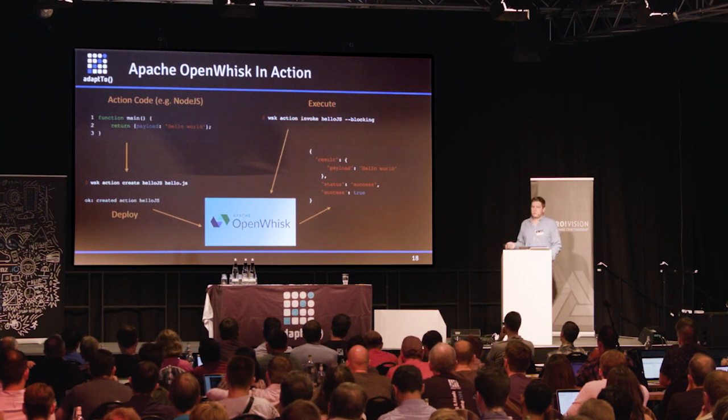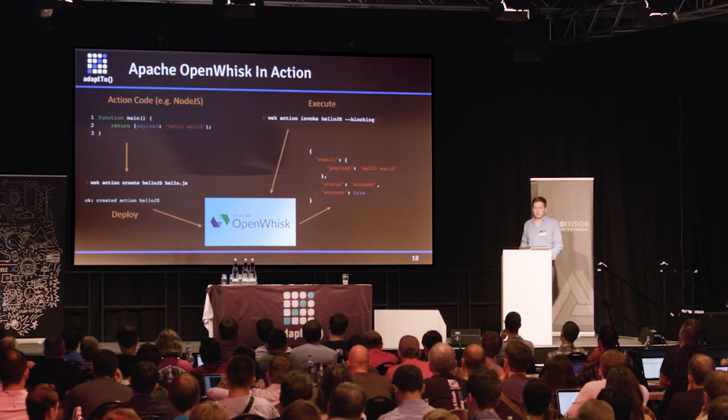There's no server you had to deploy first, nothing you had to start, and so on. And this is automatically scalable, so if you invoke this 100,000 times in parallel, assuming the installation is a large enough cluster, it will support that.